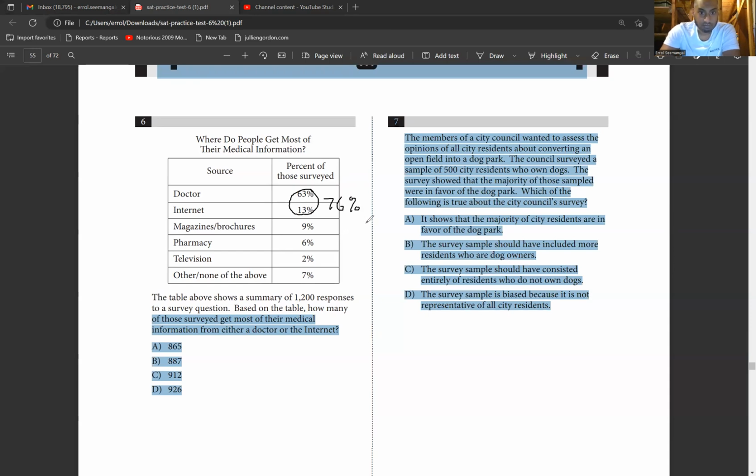What do we do with that 76%? You multiply it by 1,200. What does that work out to be? It's either 912 or 926. 912. Okay, good. That one's pretty straightforward.